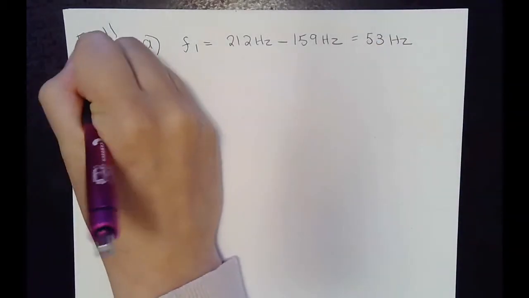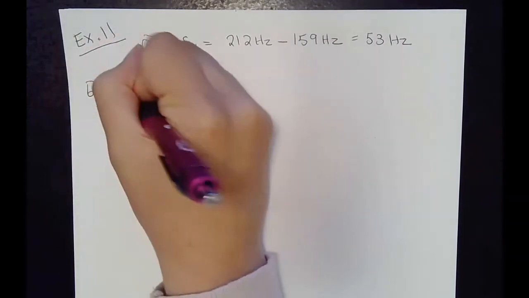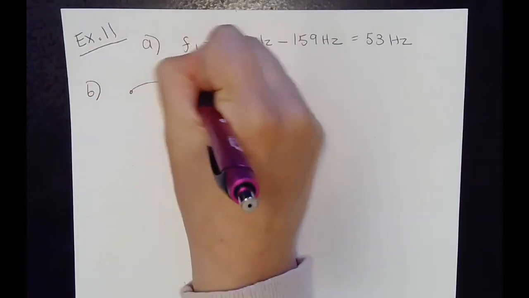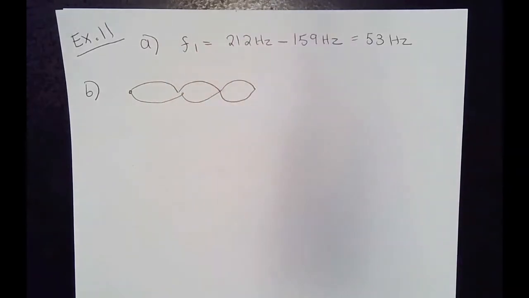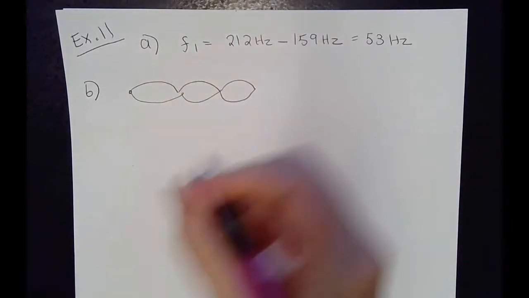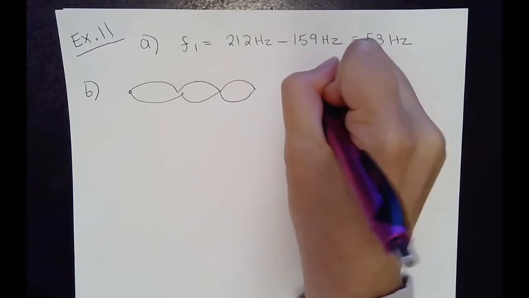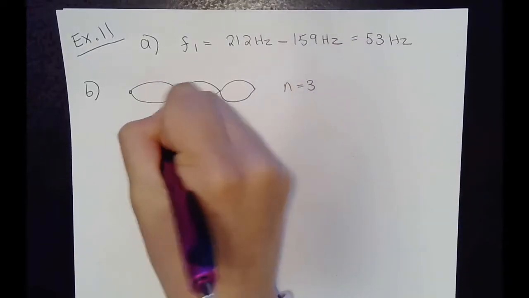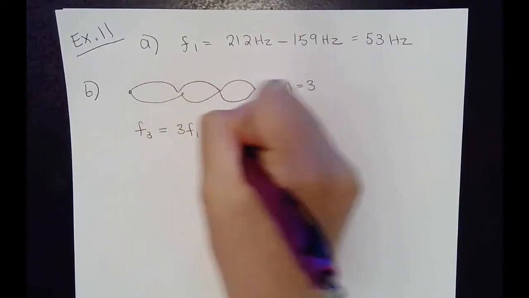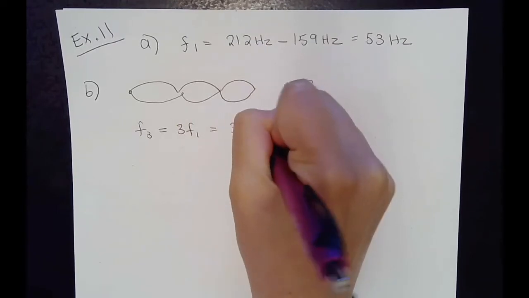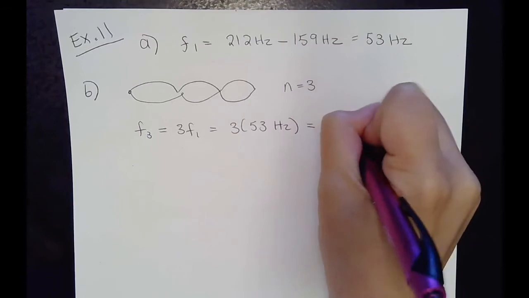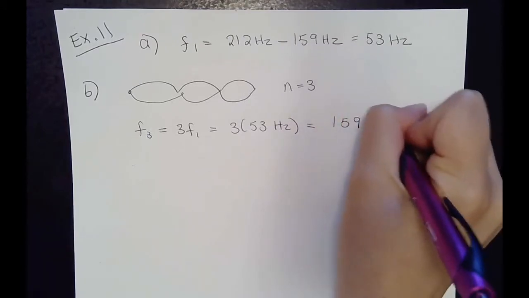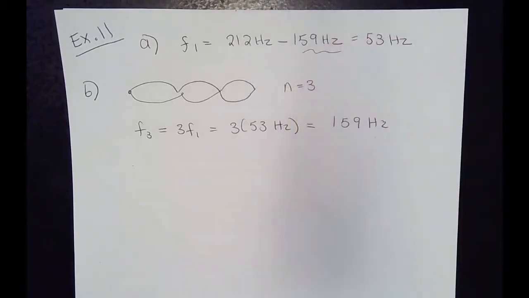So then in B, when we're asked to produce a standing wave pattern with 3 antinodes, so something like this, then we have n equals 3. So we know that the frequency f3 will be 3 f1. So 3 times 53 Hz, which is 159 Hz. Okay, so we can see that this was f3 there.